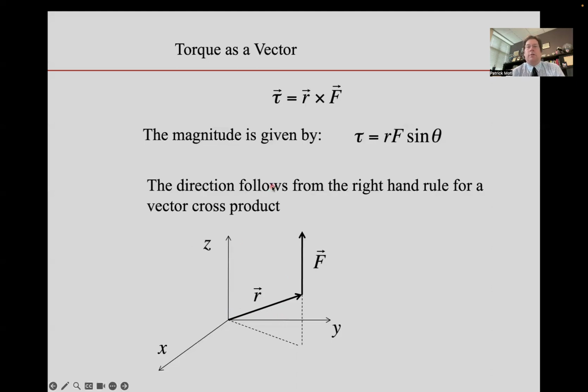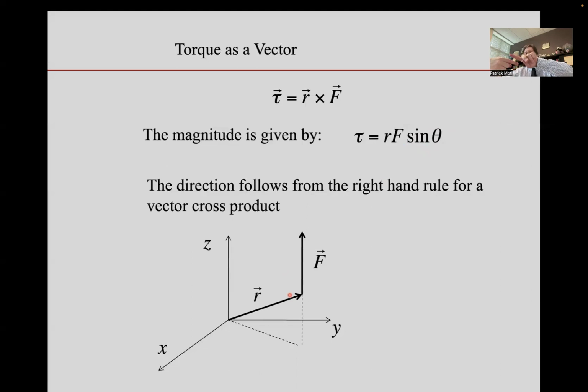So the direction of the torque comes from the right-hand rule for a cross product. The magnitude is the magnitude of the position vector, the magnitude of the force, times the sine of the angle in between them. So if the two vectors point in the same direction, then the angle is 0 and there is no torque.